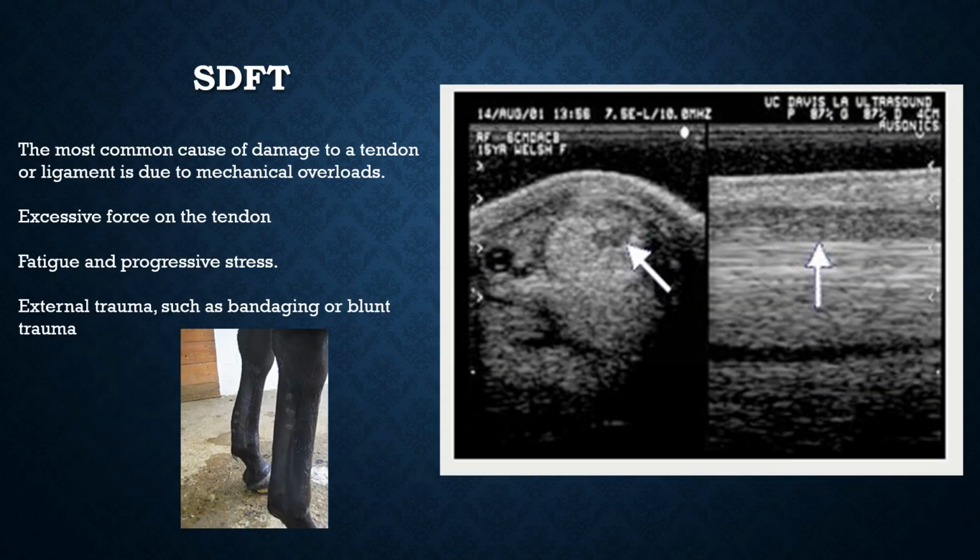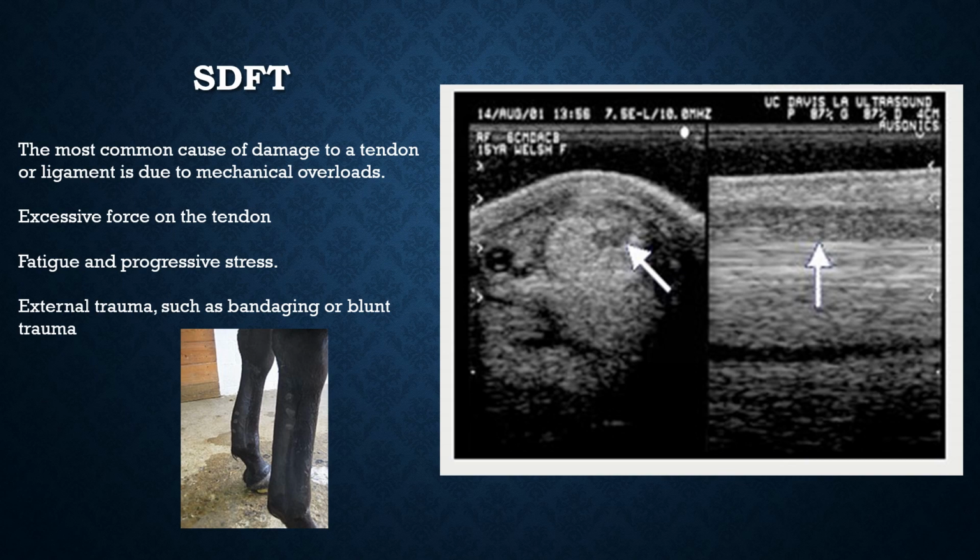Strain-induced injury of the tendons and ligaments is the most common orthopedic injury in the athletic animal, be they equine or human. Increased risk of certain injuries has been associated with both discipline and competition level. For example, in elite event horses, intermediate level and above, there is a significant increased risk of SDFT injuries.